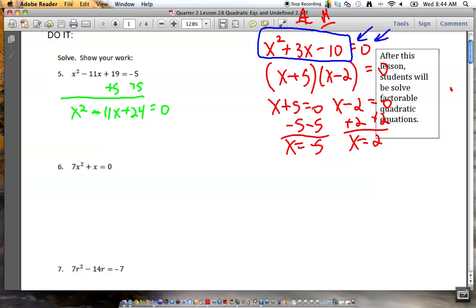Okay, do now. Forget about the equals 0, it's completely irrelevant. What two numbers multiply out to positive 24 and add up to negative 11?